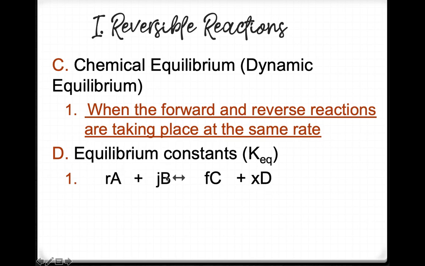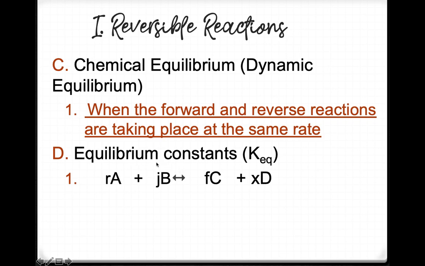Capital A, capital B, capital C, and capital D are all chemicals, and then the lowercase r, j, f, x are the coefficients in a balanced equation. So if this is any version of a chemical reaction, it doesn't just have to be two reactants and two products. It could be one reactant, it could be three, it could be five products, it could be one. The point is that this is just a generic version of a reversible reaction.